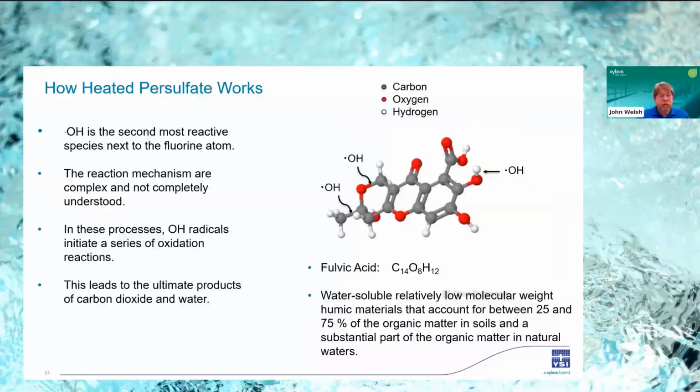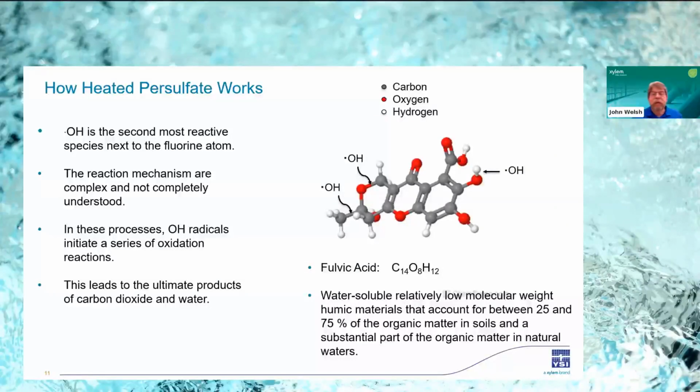The exact mechanism for the oxidation of organic compounds using persulfate is not completely understood. However, it's believed that radicals, such as the hydroxyl radical, cleave the carbon-carbon, carbon-oxygen, carbon-hydrogen bonds, and also initiate a series of other oxidation reactions that leads to the ultimate production of carbon dioxide and water.